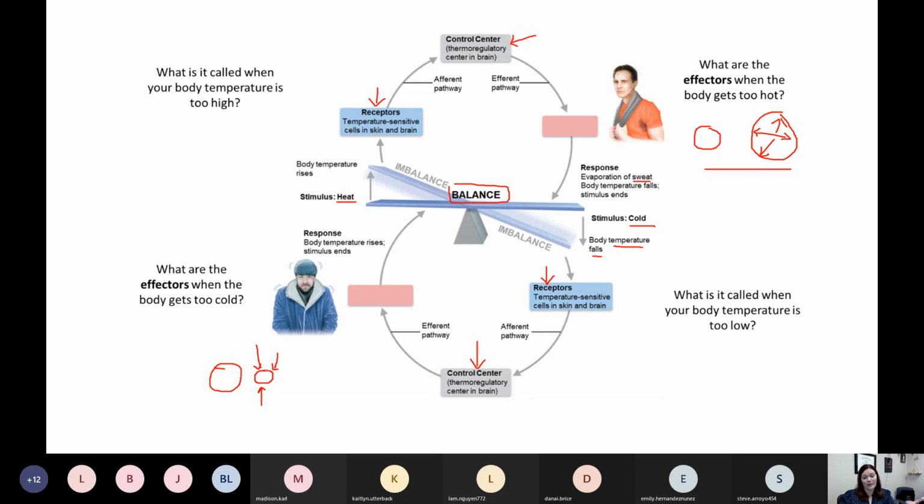It's cooling you off. So to save me from losing a bunch of heat, I'm going to make those blood vessels smaller. This is why when people talk about having hypothermia, they talk about having blue lips or your fingers getting blue. That's because the blood vessels in those places have shrunk really small.